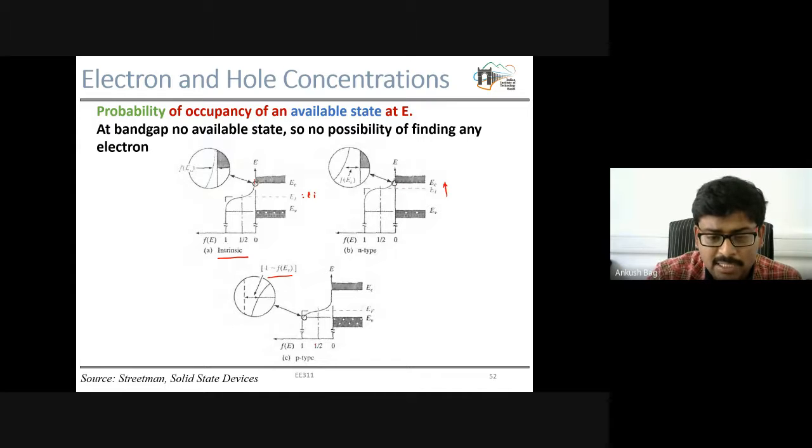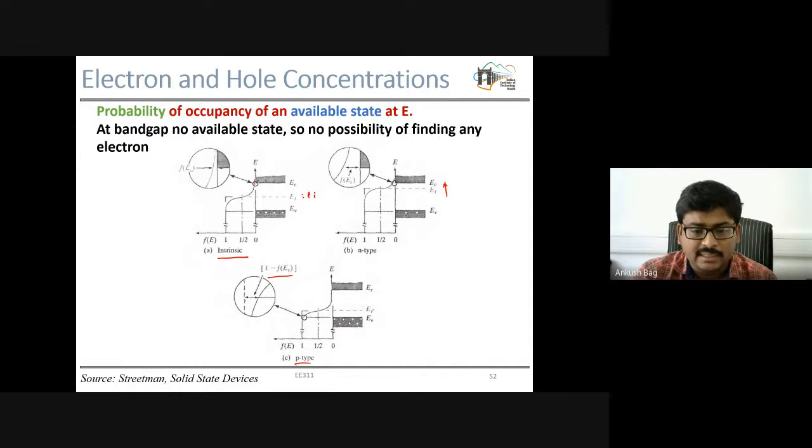And in case of P type, your Fermi-Dirac distribution moved down in the energy diagram. That means it is closer to your valence band, and that means you will have more 1 minus Fe than Fe inside the conduction band. So that is why you will get more number of holes in case of P type.